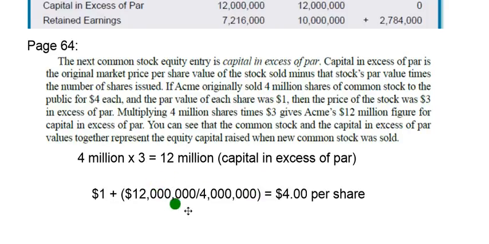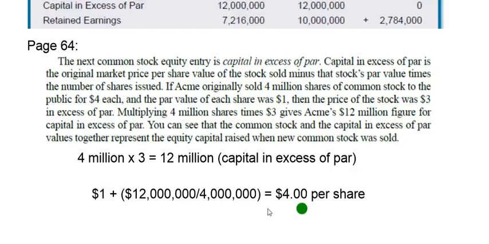That's going to give us the actual $3 that we have right here in excess of par. But then to get the price per share, we have to add back in that par value, which is $3 when we divide here, plus 1, which is going to give us our value per share.